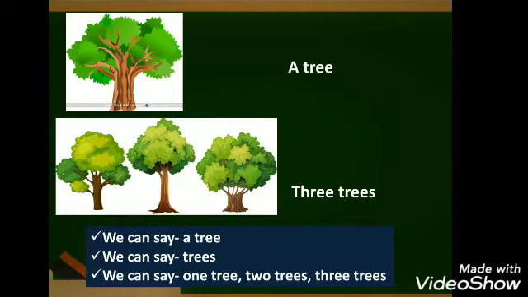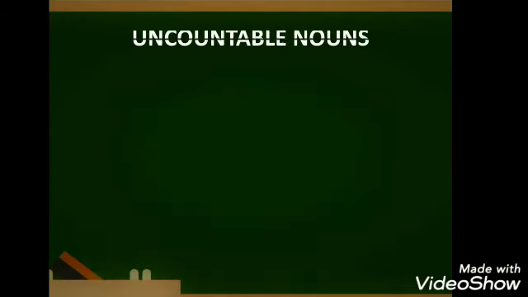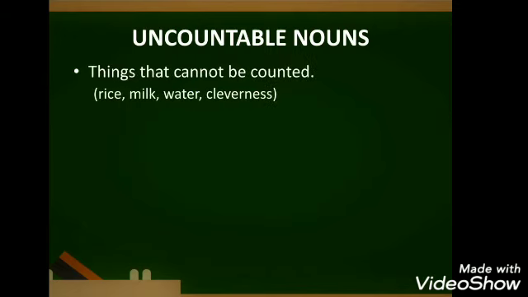Uncountable nouns. Things that we cannot count or cannot be counted are uncountable nouns. Here, the word uncountable itself denotes that uncountable nouns cannot be counted in numbers as 1, 2, 3 and so on. For example, rice, milk, water, cleverness.